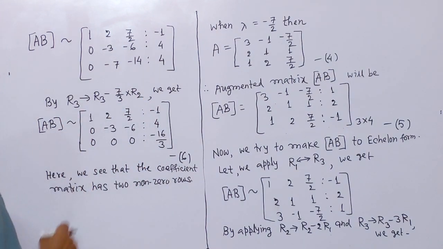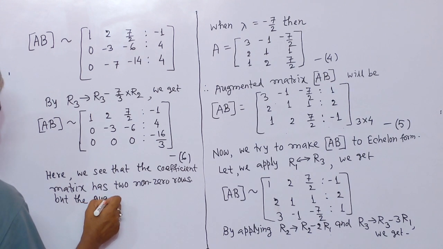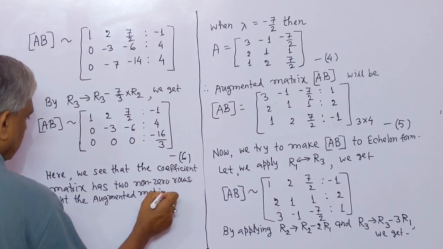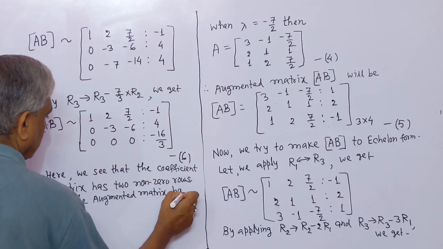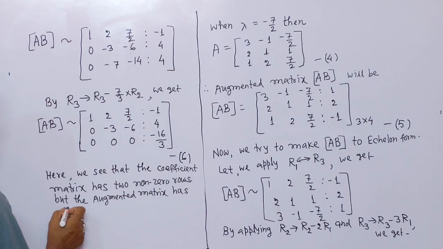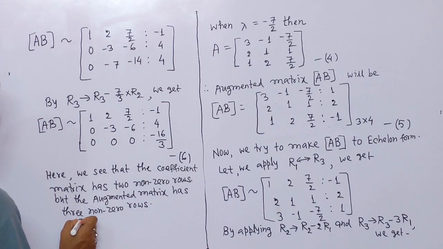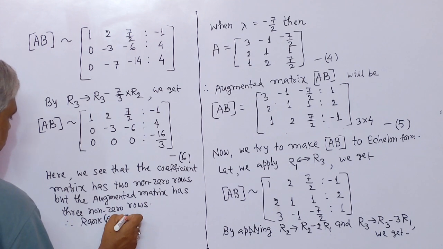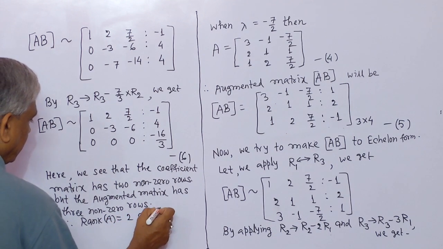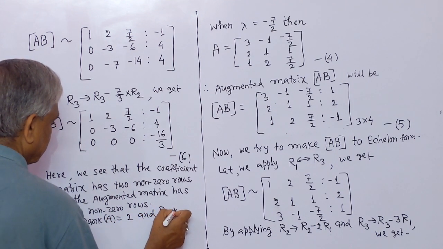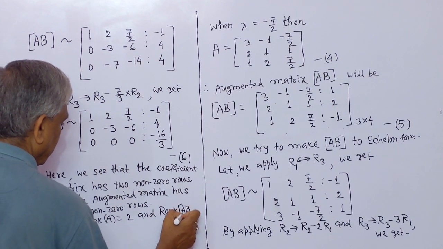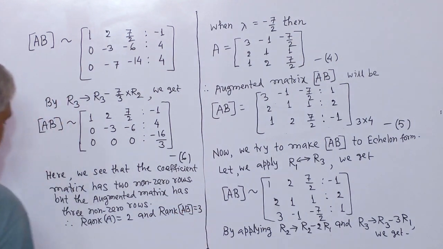Two non-zero rows, but the augmented matrix has three non-zero rows. Therefore, rank of coefficient matrix equal to 2 and rank of augmented matrix AB equal to 3.